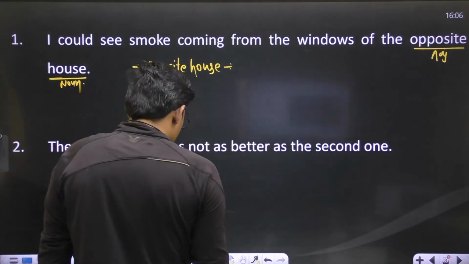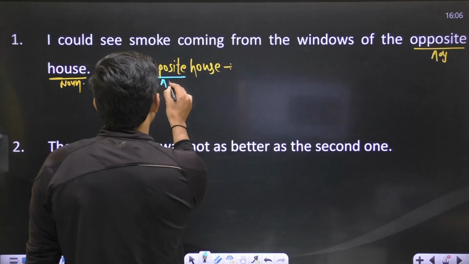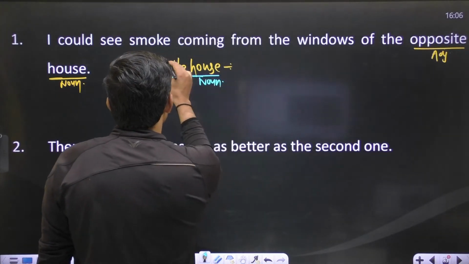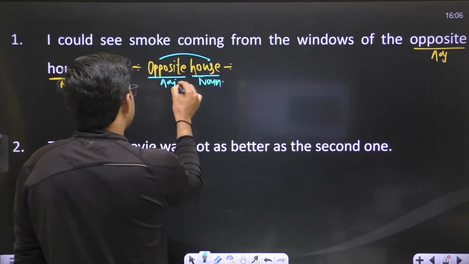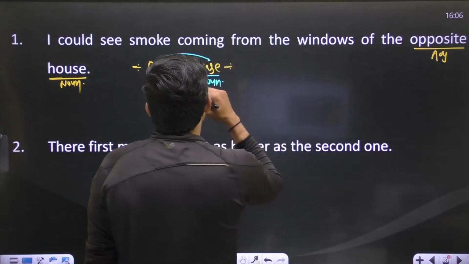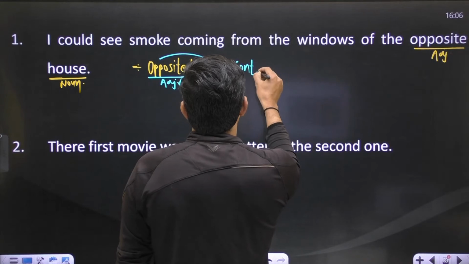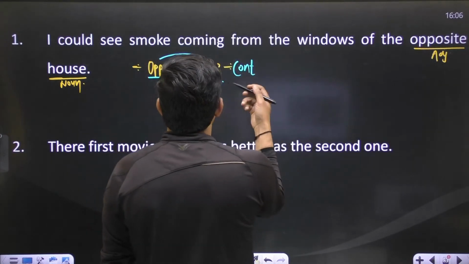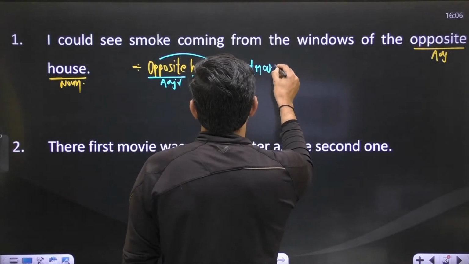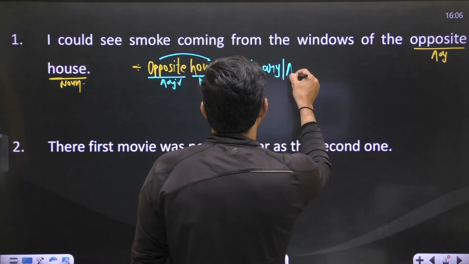Whenever you use the adjective opposite before a noun, it always shows the sense of contrary or against.